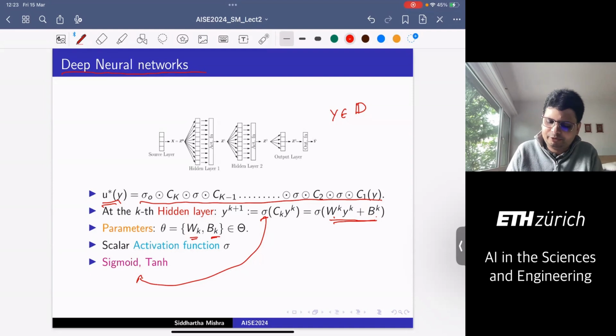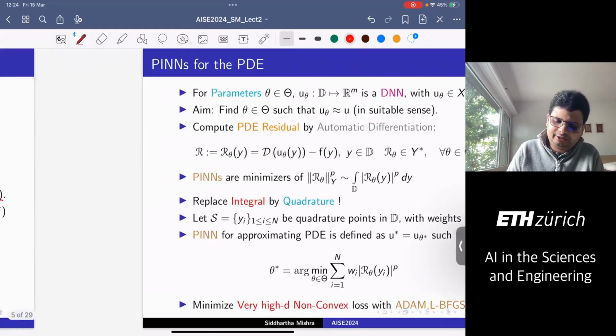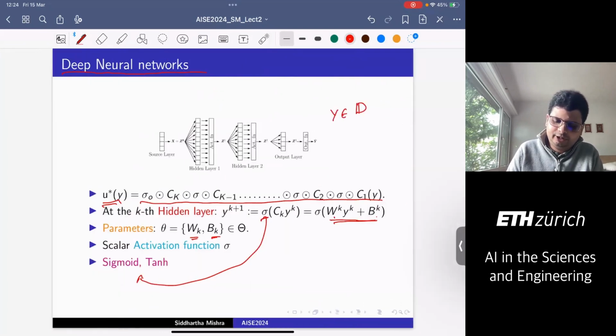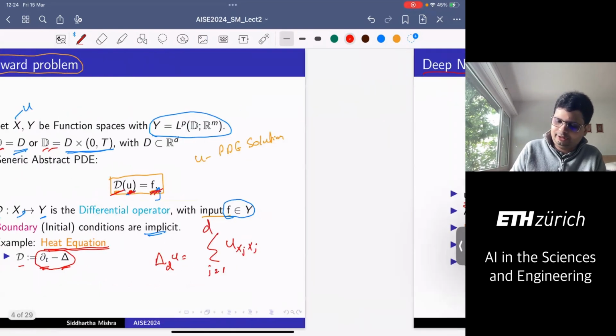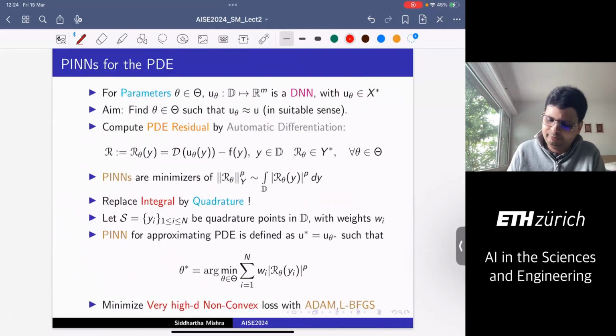You have seen several examples of them also in the tutorials. Now, what we do with PINNs is that we take these deep neural networks. We know what the inputs are, and we also know what the differential operator is. And we are going to approximate the solution u with deep neural networks. So this is the basic objective, the basic algorithm.